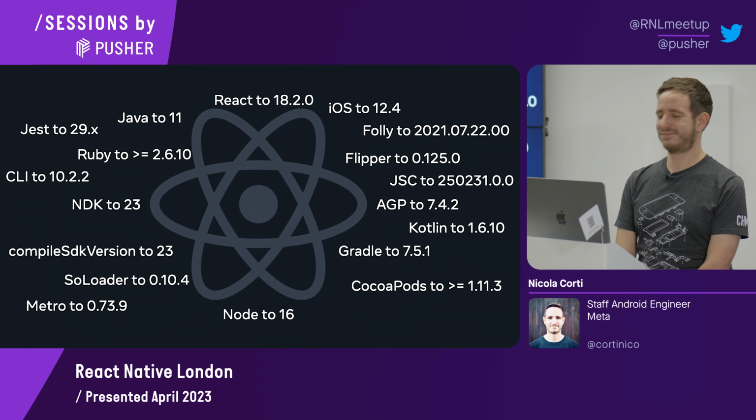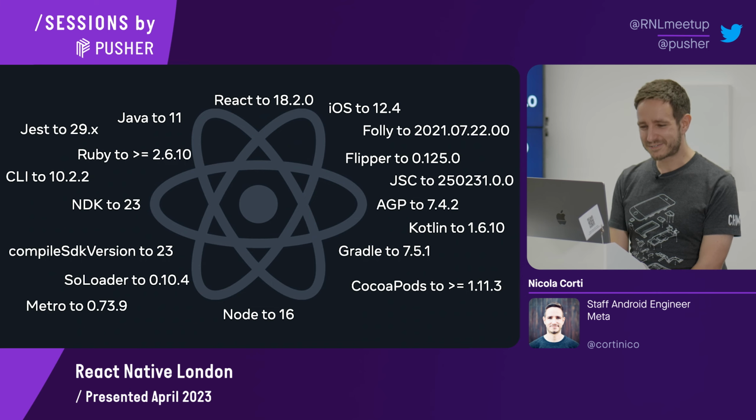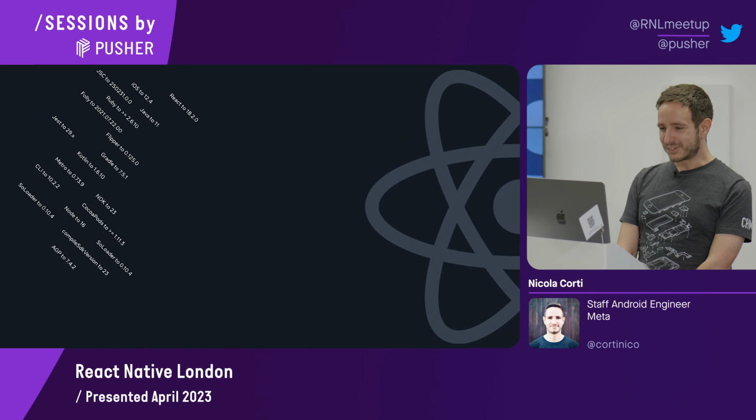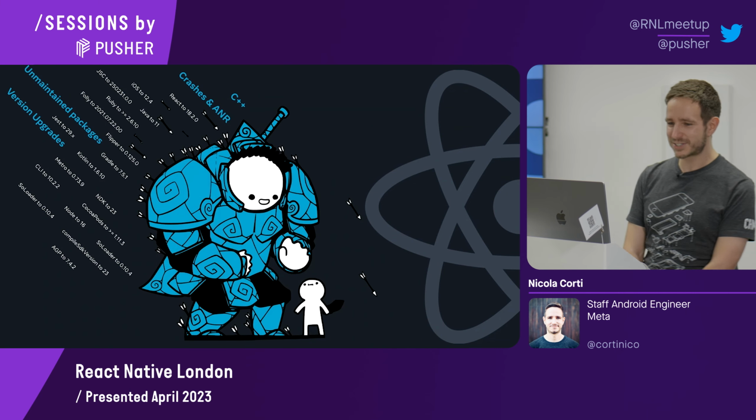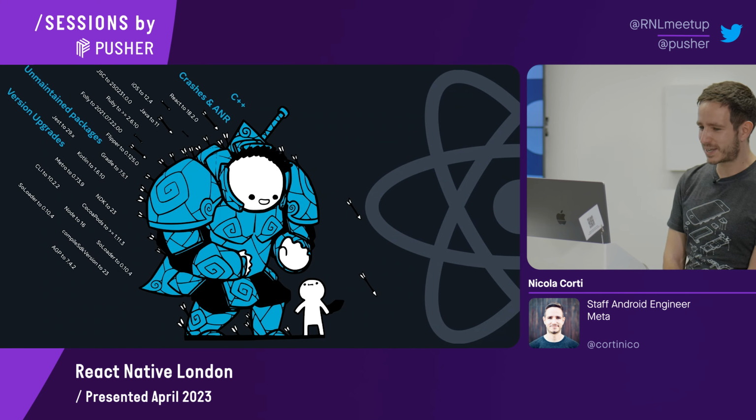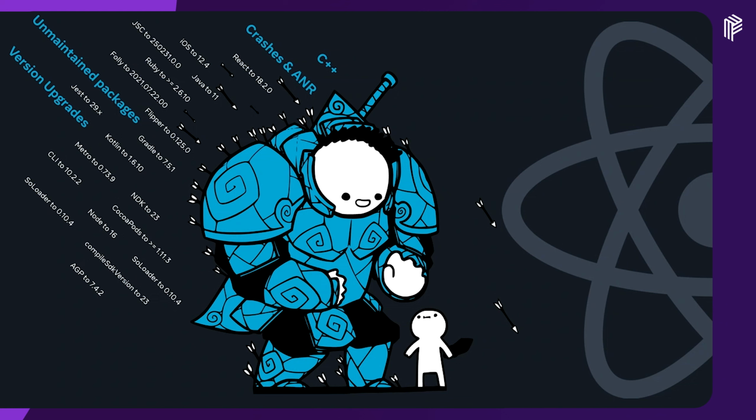And I want to wrap up on this slide, which, as I said, is sort of the TLDR of, at least for me, React Native. And it's painful. Like, we know it's painful, especially if you start adding stuff like crashes, ANR, C++ code, unmaintained third-party packages, version upgrades, and a lot of stuff. And I remember there was this meme on Reddit about how you spend your time as a React Native engineer.